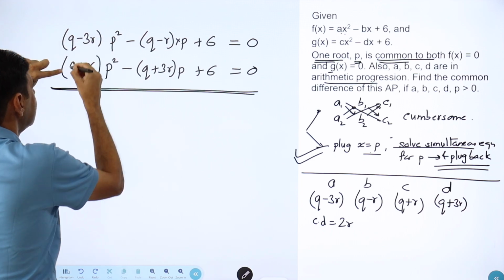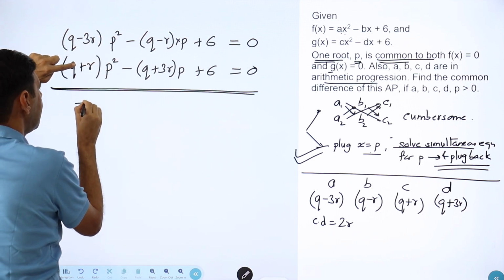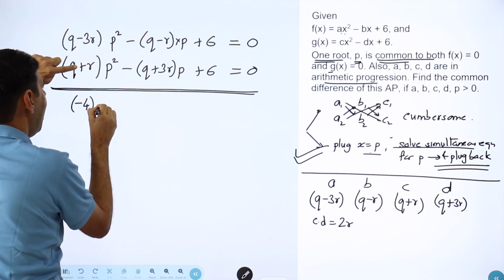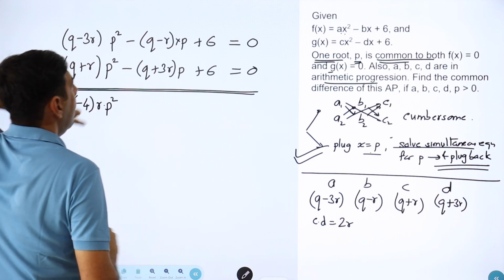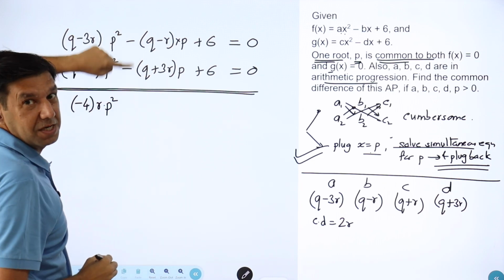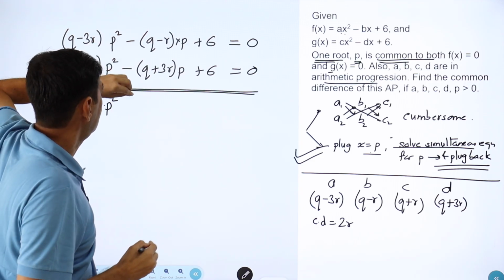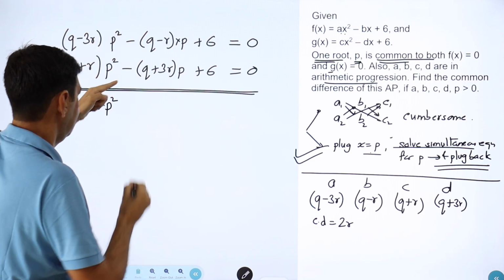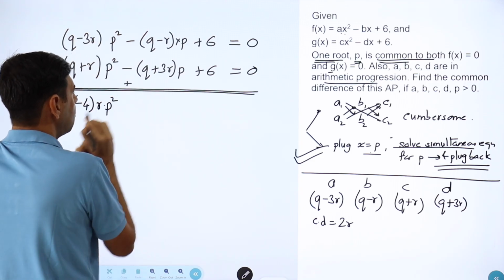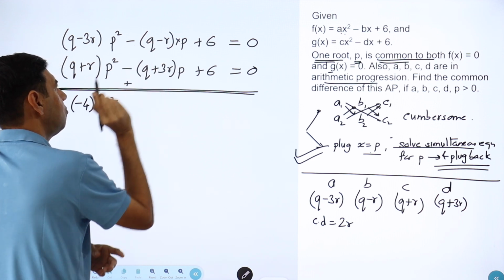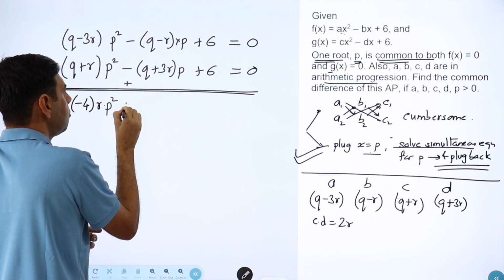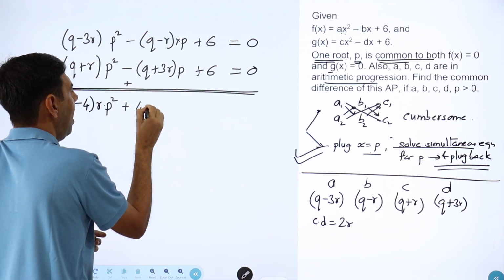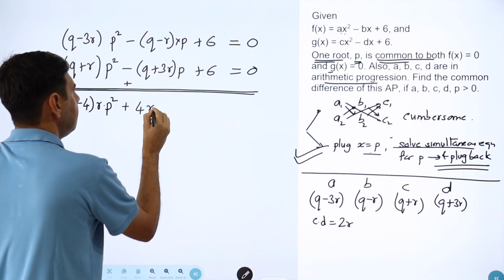This minus this, the q cancels out. This is going to be a minus 4r into p square. Please do your own way, students. Don't follow this. These are just small things. So this minus of this, when I do minus of this, this is going to become plus. Minus q plus q cancels out. Plus r plus this is going to become a plus 4r times p.